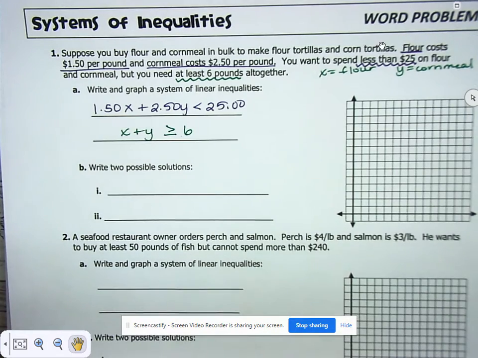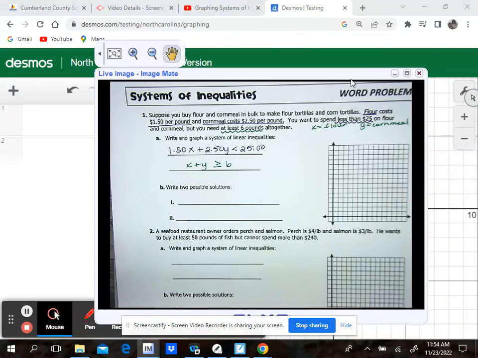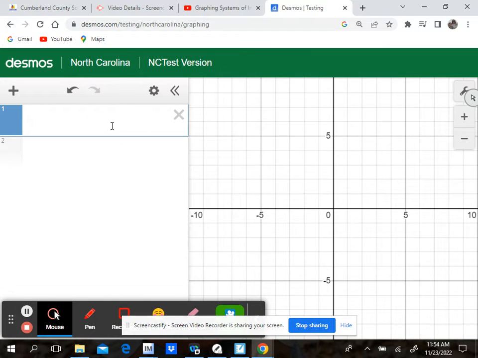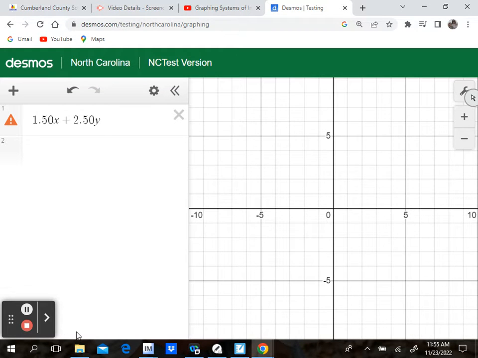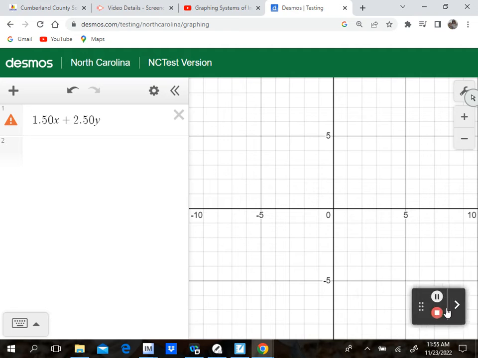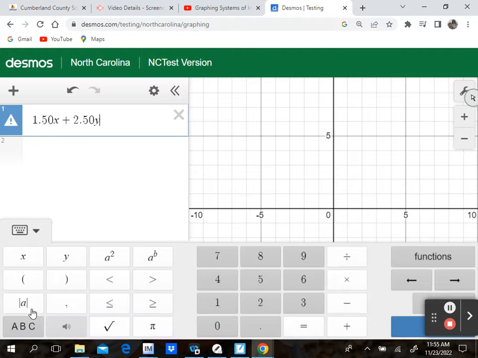All right, I'm going to shift over real quick to Desmos and type these in. Remember, you can't use anything but X and Y in Desmos, so that's why. Sorry, I had to figure out how to get to my keyboard over here.